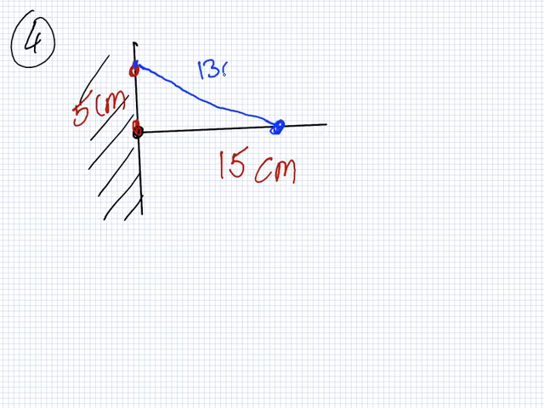And this is 13. Now using Pythagoras, how big is the base from here to here? If this is a 5 and this is a 13, from Pythagoras, what's this distance?